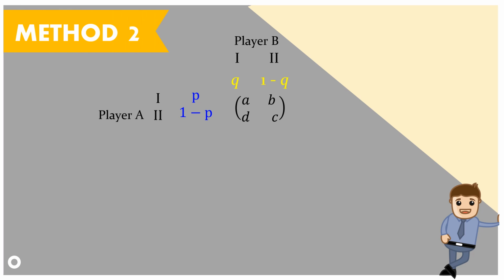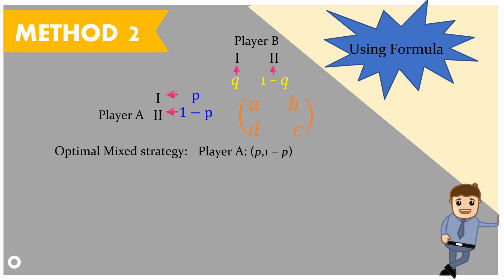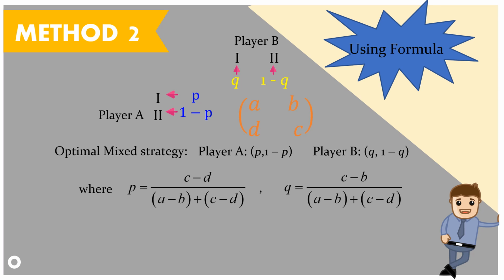The optimal mixed strategy can also be found using the formula method, which is only applicable for a 2x2 payoff matrix. If the payoff matrix is given as A, B, C, D, and assigning the probabilities to player A and B's choices of strategies, then the optimal mixed strategy for player A is P and 1 minus P, and for player B is Q and 1 minus Q, where the values of P and Q are obtained using the following formulas.